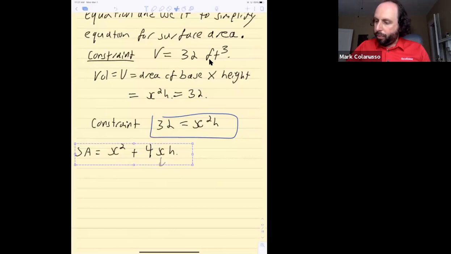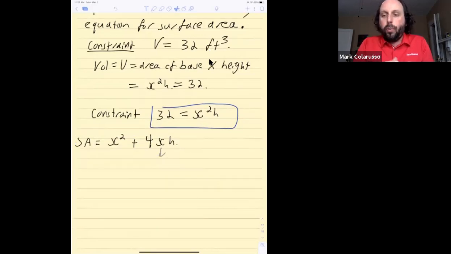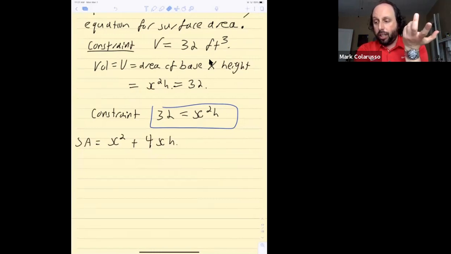Now again you have choices in terms of how you replace the variables in the surface area equation. You could replace the x in terms of h, or you could replace the h in terms of x. I highly, highly recommend in this case replacing the h in terms of x, because if you go the other way, you'll have to take a square root, and that will make things much, much more complicated.